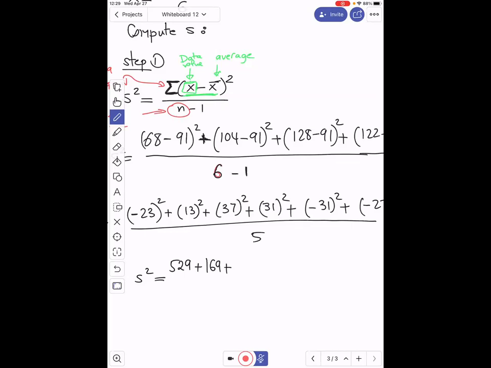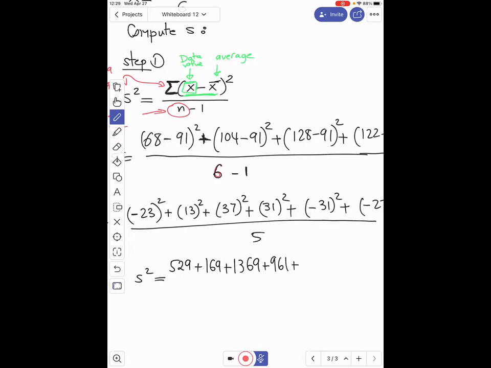Plus, and then you have 37 squared, which is, let me see my notes, 1369, plus 31 squared. So that will be 961.